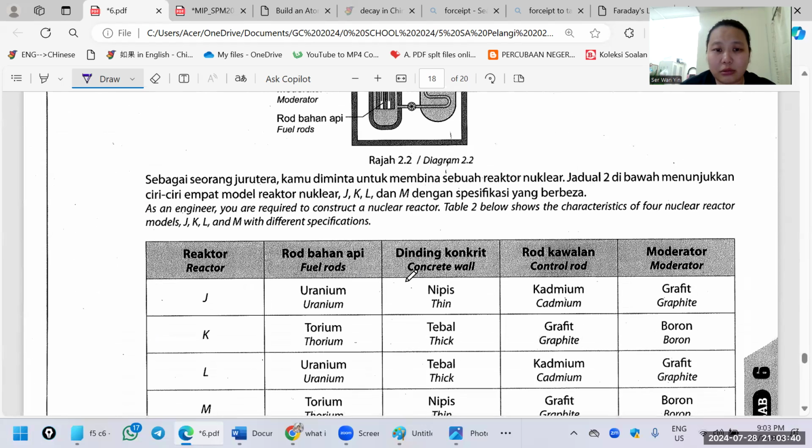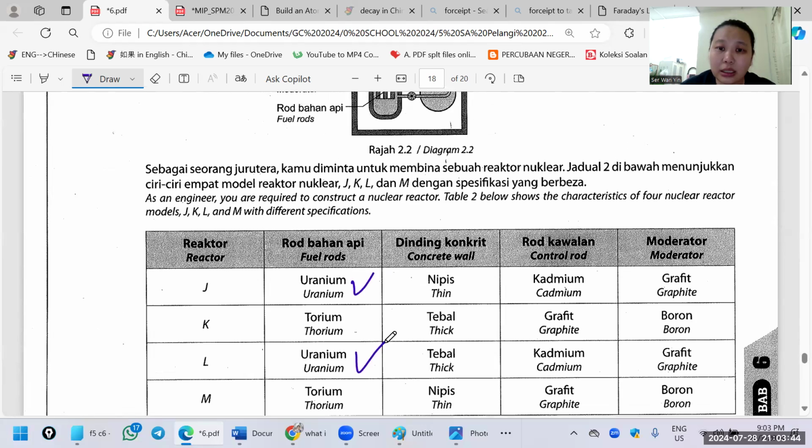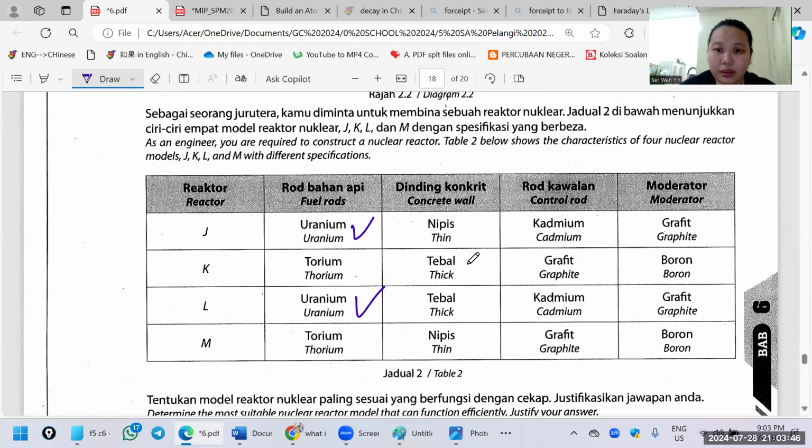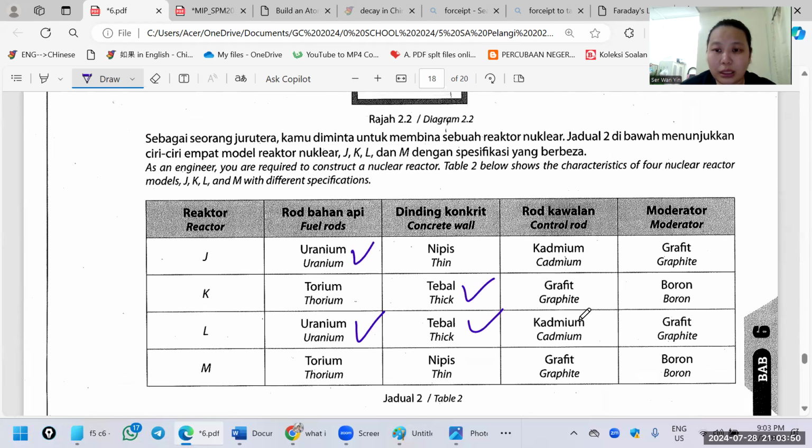Okay, so now the fuel is uranium, better. Then the wall should be thick. Control rod should be boron or cadmium. Boron or cadmium. Moderator is only graphite.